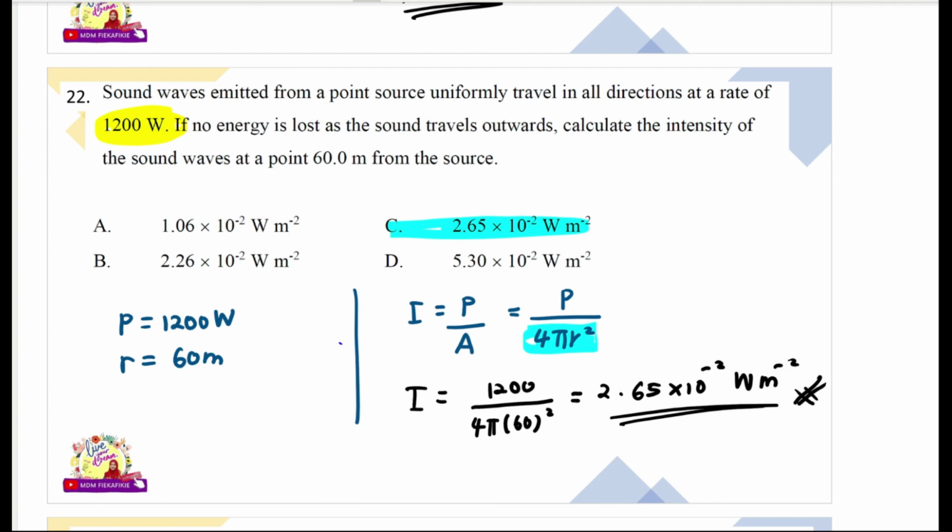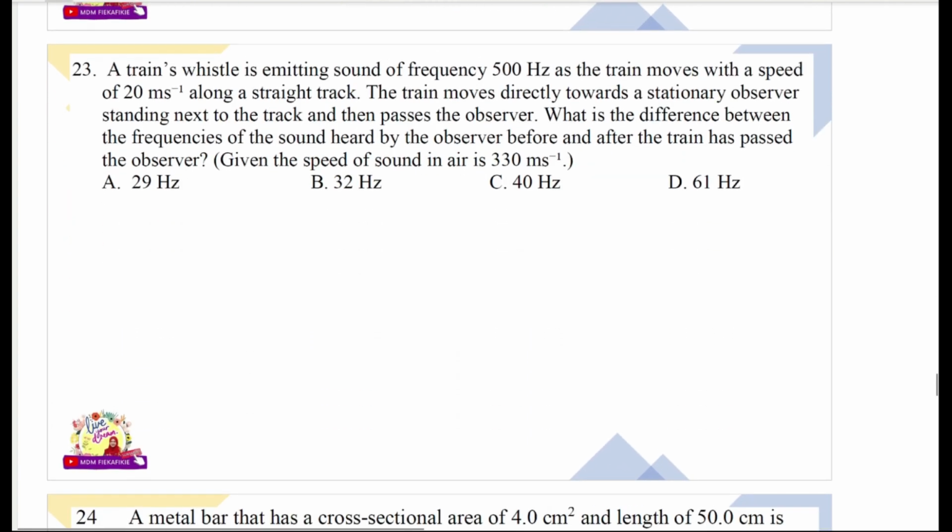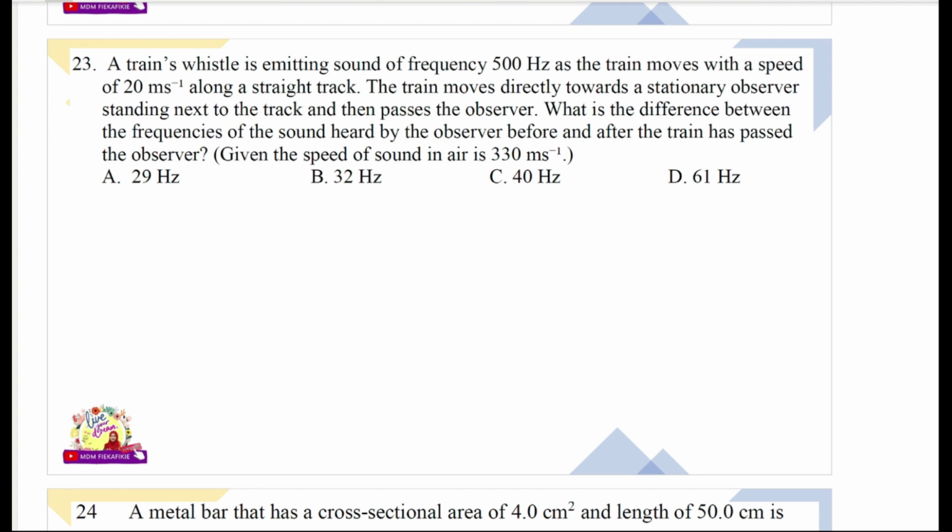So this is about Doppler effects. Okay, so look at here. A train's whistle is emitting sound of frequency 500 Hz as the train moves. Kita ada train, dia ada whistle. Okay, and the train is moving with a speed of 20 meter per second. So let's say this is the train.